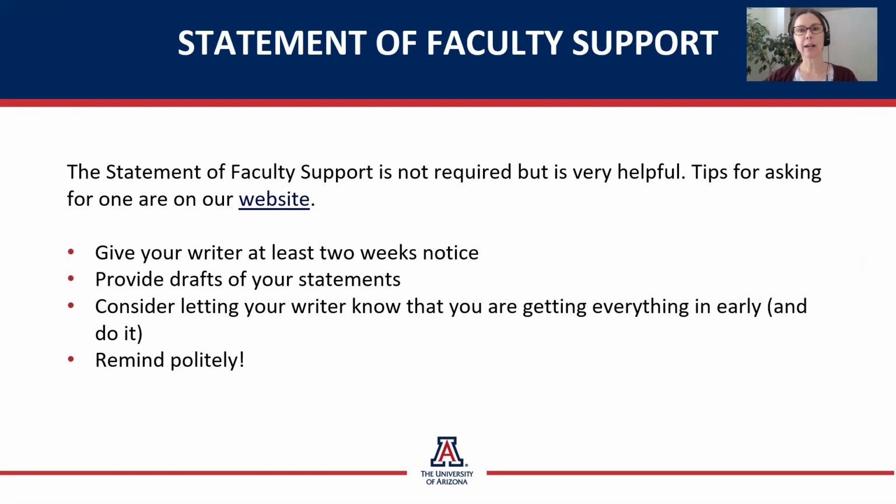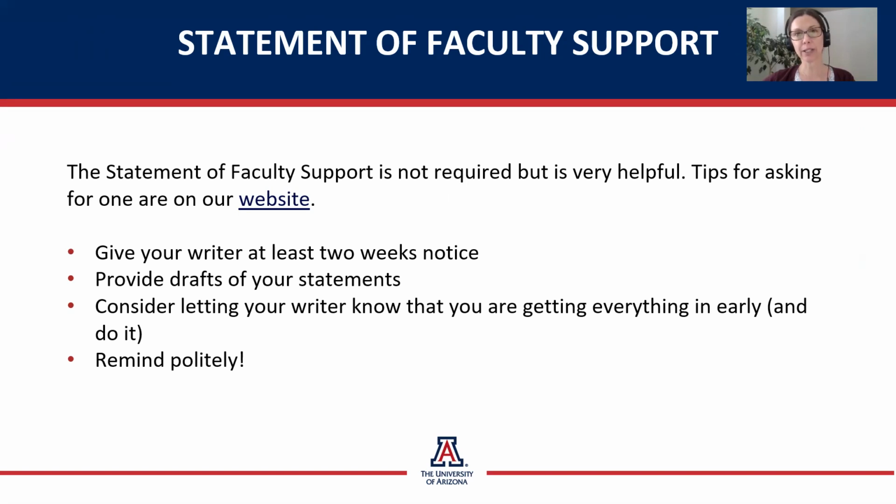And one of the things that I often recommend to people who are applying to bigger grants is just to tell your writer that you're going to get everything in early. So pick a date, maybe 1 to 2 days before the deadline, and say, for my own peace of mind, I'm going to get everything in early. Can you also please try to meet this early deadline? And then if you have everything in and your writer doesn't, at that point, you can be a little more persistent about asking for those letters, because letters are hard to write.